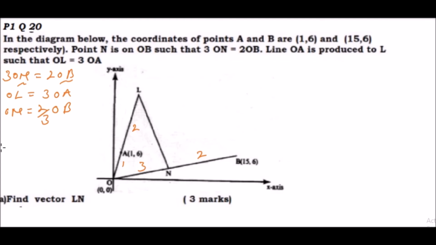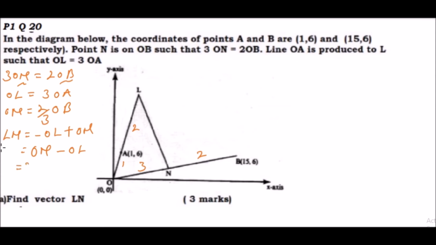From L to N, LN is equal to minus OL plus ON, which is equal to ON minus OL, and with that we already have ON.